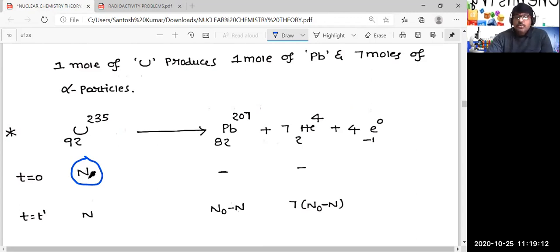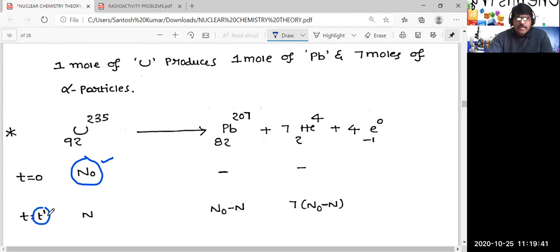How many uranium 92 235 isotopes are present when that rock is formed, when that mineral is formed? We don't know. In fact, if this is determined, we can find the age of that particular rock. Easily we can do. And this is the time period you are studying the composition of that rock.